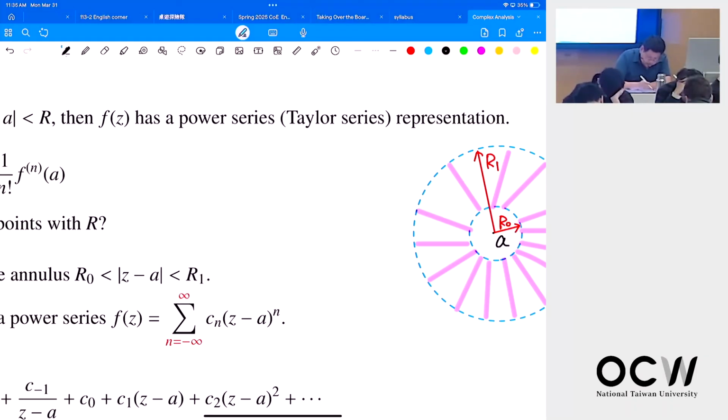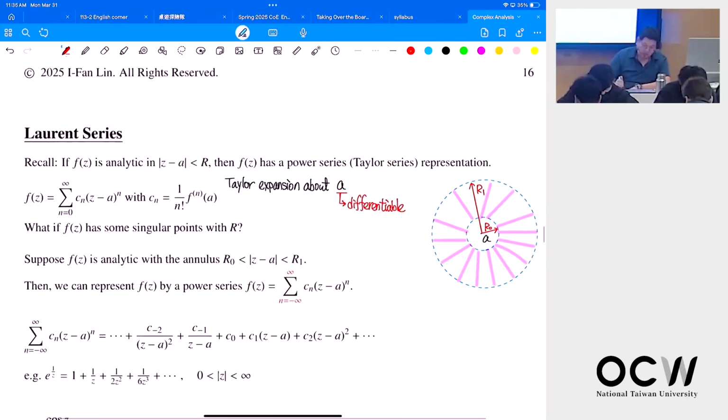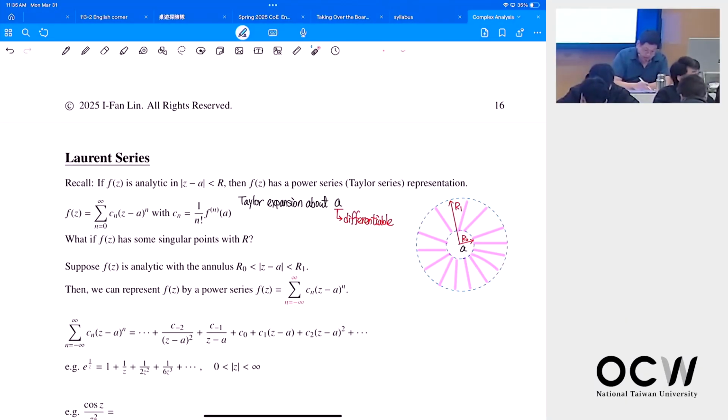The Taylor expansion about a, and this a is differentiable. If we want to have an expansion about some point and that point is not differentiable, then let's see the Laurent series.